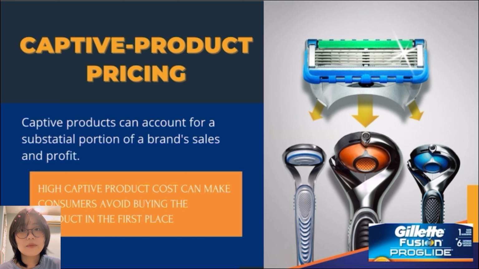That's the reason why companies that make razors charge very little for the razor, as they can cover the loss from the sale of razors by selling razor blades at a high price. However, high captive product costs can make consumers avoid buying the products in the first place. From personal experience, I almost did not buy a Gillette razor because the price of the blades is really high for how short a time they last.